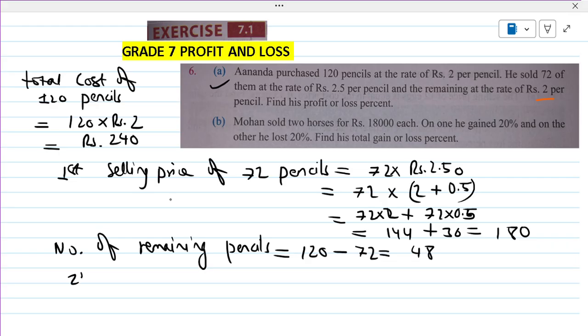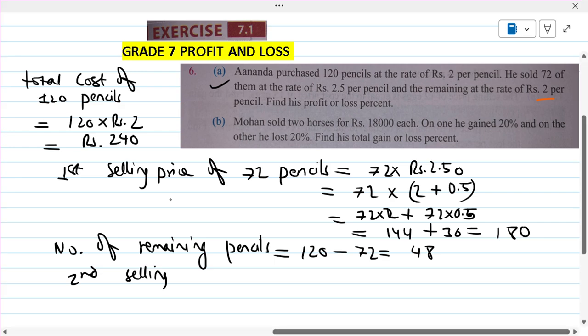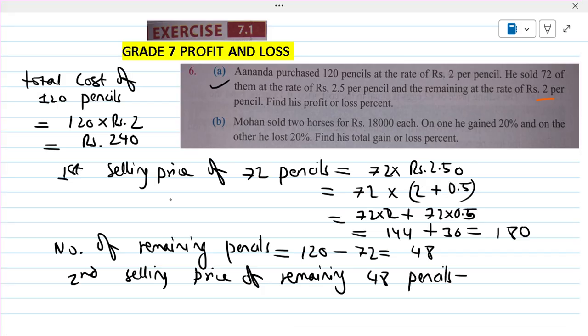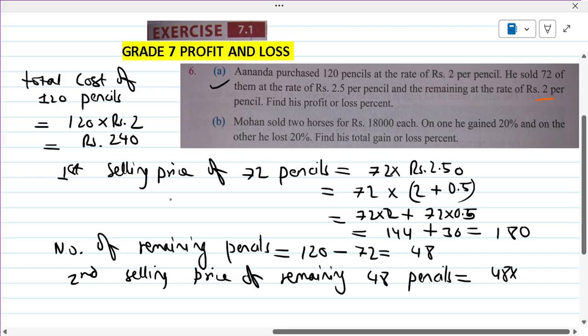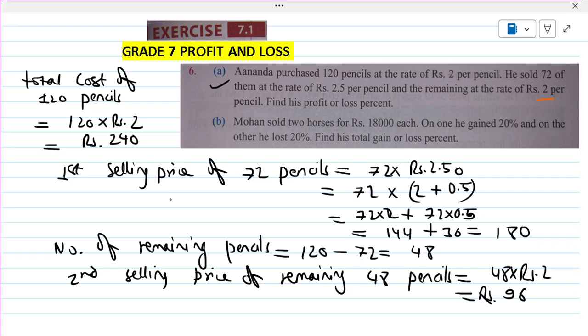So the second selling price of the remaining 48 pencils. So you get 48 into rupees 2. So 2 8s are 16, 2 4s are 8, 9. So rupees 96 is the selling price of the remaining pencils.